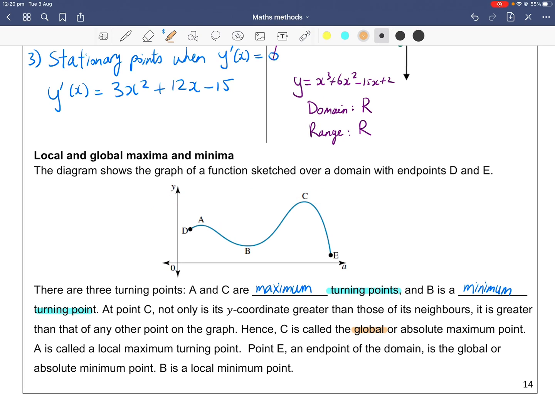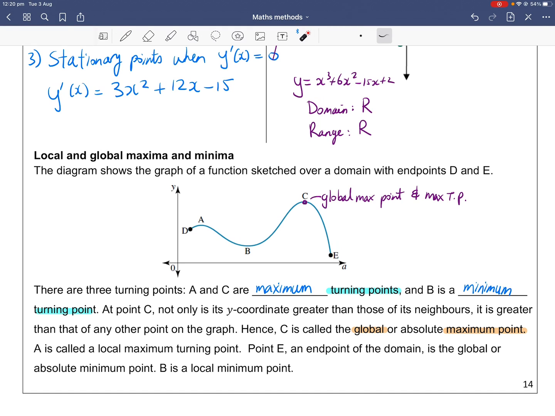So C is the global maximum point. Because the y value of C is the greatest amongst all the curve, C is called the global maximum point. But we also know that C is a maximum turning point as well.